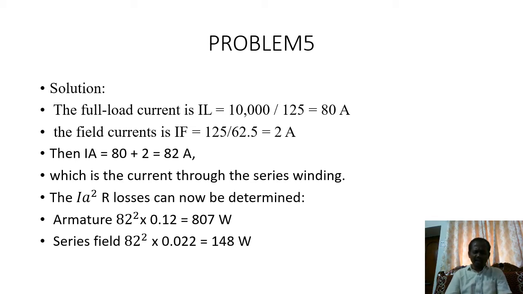So you are calculating armature copper loss and series field copper loss, and you know the rotational losses, which are mechanical and windage losses. Then you can calculate total losses: rotational, armature copper loss, series field loss. What is the input? What is the output? Input is equal to output plus total losses. Then you can calculate the efficiency, output by input, right?